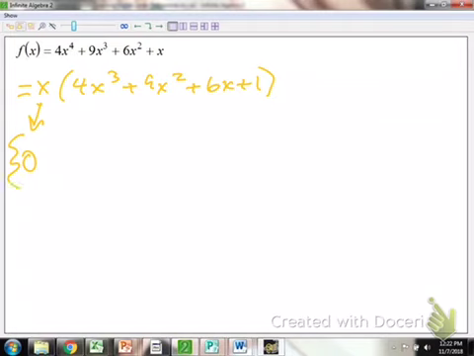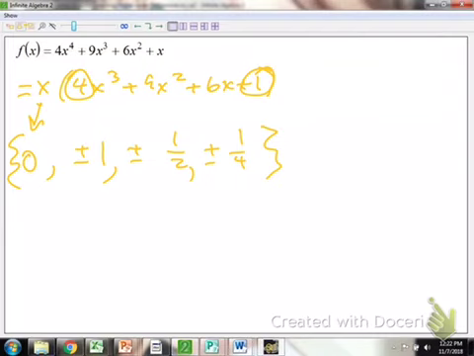It's not just a possible 0, it is a 0. And then the factors of 1 divided by the factors of 4. So positive and negative 1, positive and negative 1/2, positive and negative 1/4 are going to be the possible rational zeros, in addition to 0, which we already know is a 0. All right, so that gets us through that middle section.